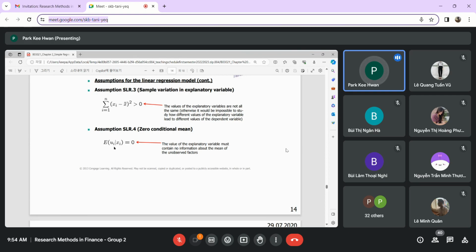So the mean of ui conditional on xi should be zero. It means that x has nothing to do with ui. X and ui are independent, not correlated, independent of one another. And this is a very important assumption for estimating the slope parameter. And I will tell you later why this assumption is very important.